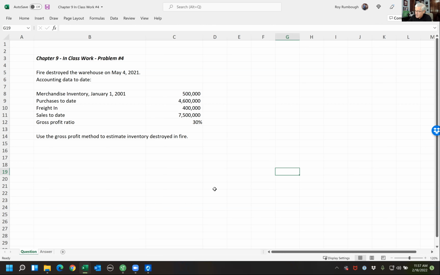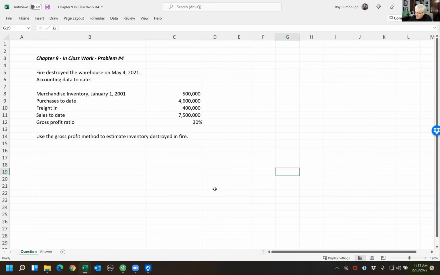And so cost of goods sold equals 7,500 times 1 minus 30%, or 70%, equals 7,500 times 70%, $5,250,000, and that represents what our normal cost of goods sold would be, using the gross profit percent, based on the 7.5 million of sales.